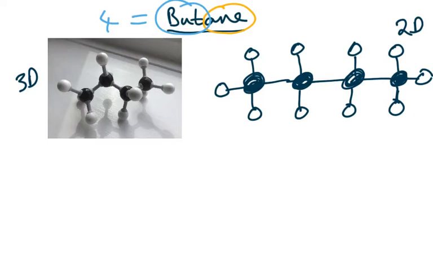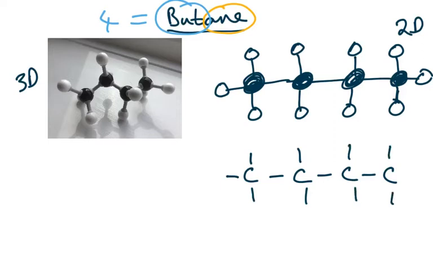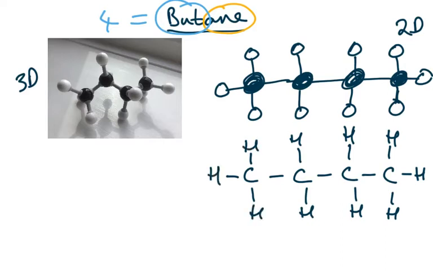So again, I'm going to draw my displayed formula. So I've got my 1, 2, 3, 4 carbons in the middle, drawing them with the bonds in between, and then I'm going to put my hydrogens around them, making sure that each carbon has 4 bonds. Okay, so I've got my hydrogens. Now this equates to 2 hydrogens for each carbon plus 1 on each end of the chain.